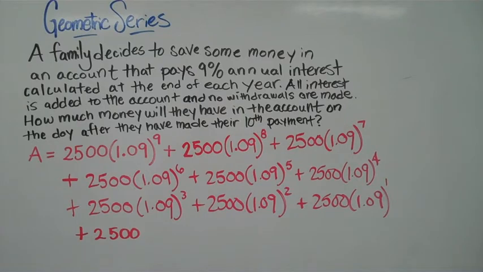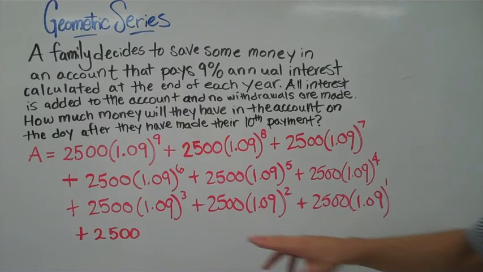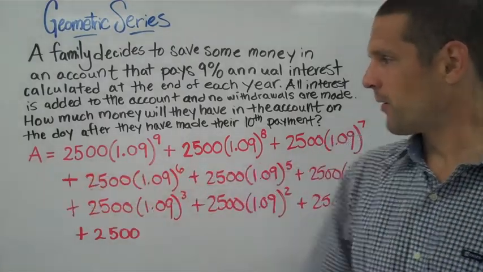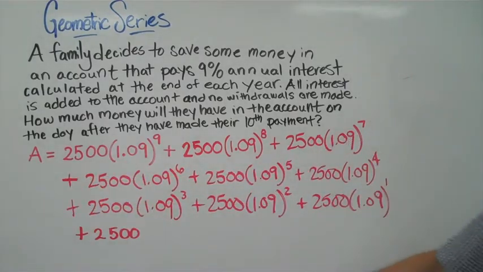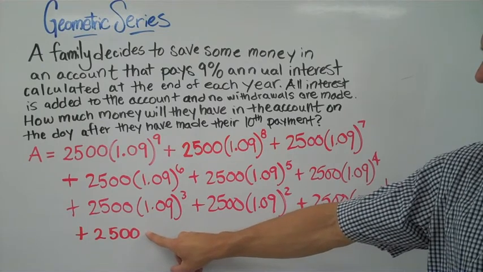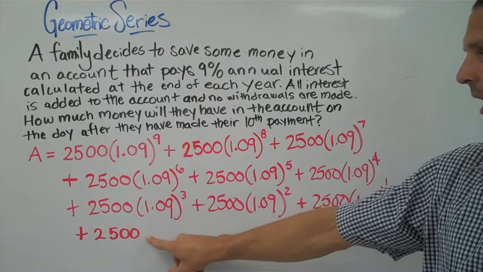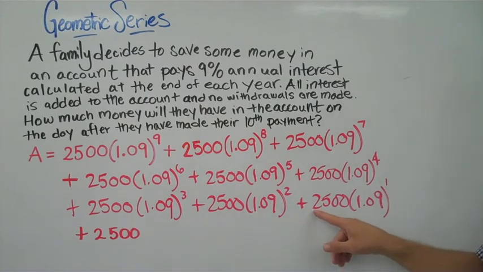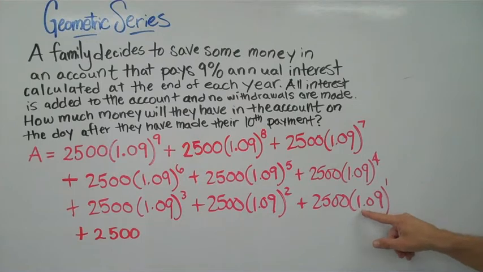Well, if you make 10 payments, then you're going to have 9 jumps between the 10 payments. So the amount in the account, you could really think of this as working backwards. The amount in the account the day after the 10th payment will be, well, they made this payment yesterday, $2,500, plus the one they made last year, which was $2,500, times it's paying 9% interest, 1.09.